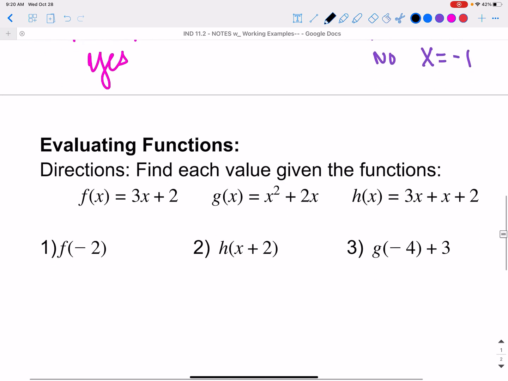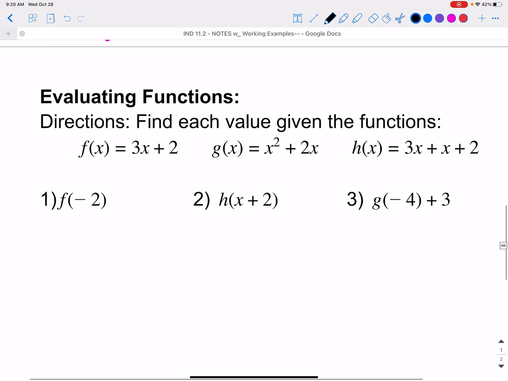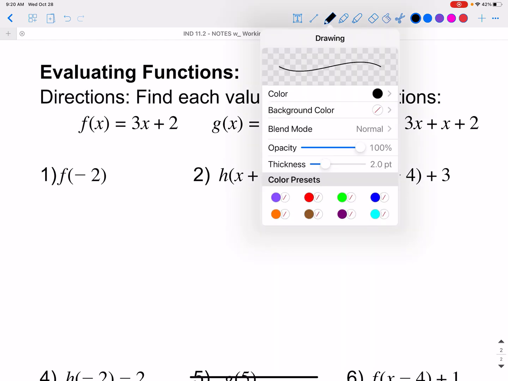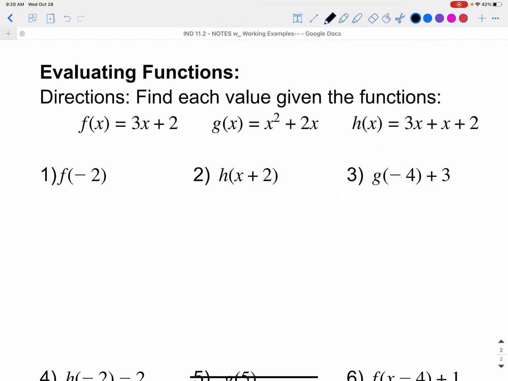All right, so on to the biggest chunk of this new material, evaluating functions. When we evaluate functions, what that means is that we are going to plug given information into a function.